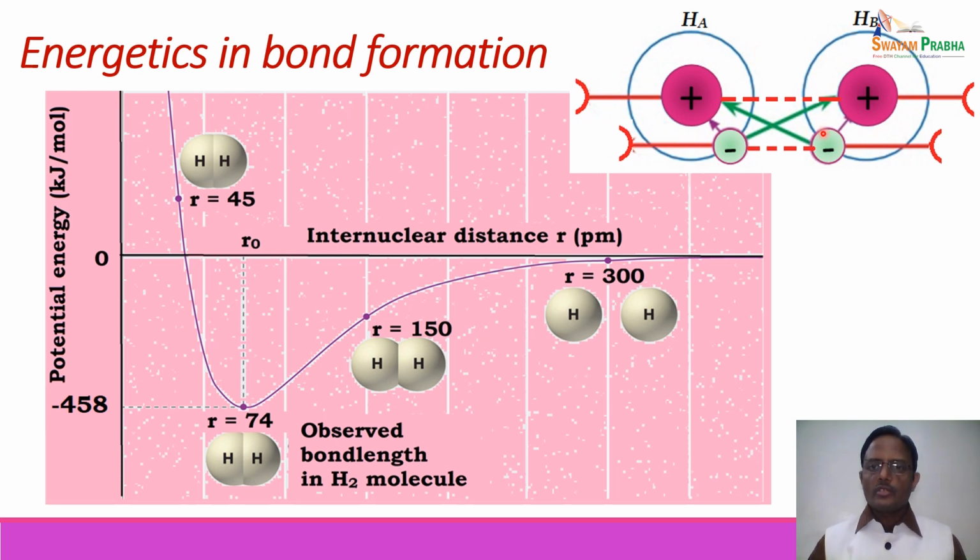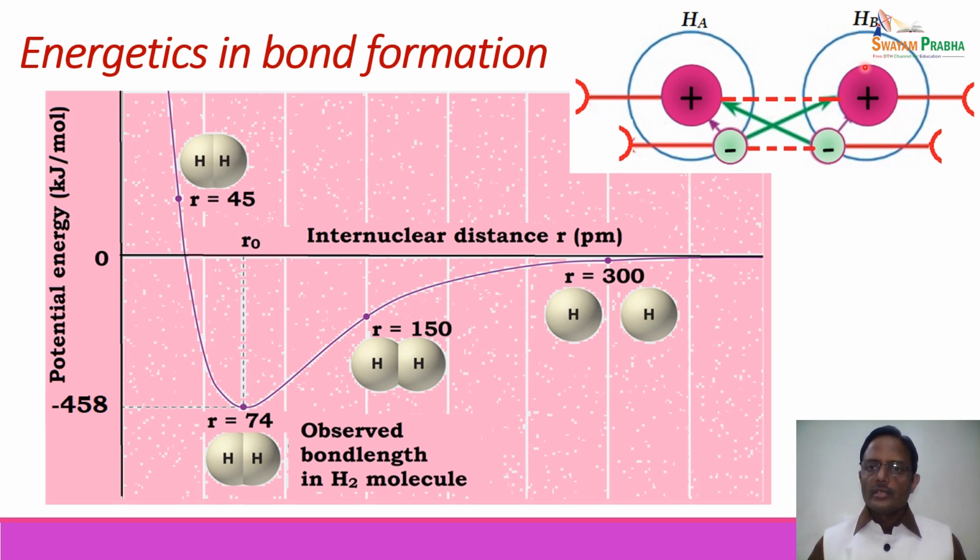Now what are the forces existing between them? Within an atom, there is an attractive force between the nucleus and the electron, shown by this arrow. Similarly, within this atom, there is a force of attraction between this nucleus and the electron. But when these atoms come closer, there are four types of forces acting between them.